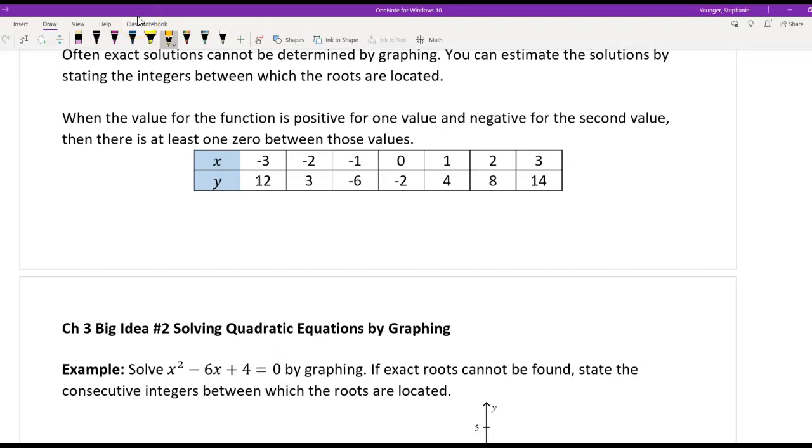So taking a look, we have positive 12, positive 3, negative 6. So because I went from a positive to a negative, there's a 0 located in between x is negative 2 and x is negative 1. Notice these are consecutive integers. Integers right next to each other.